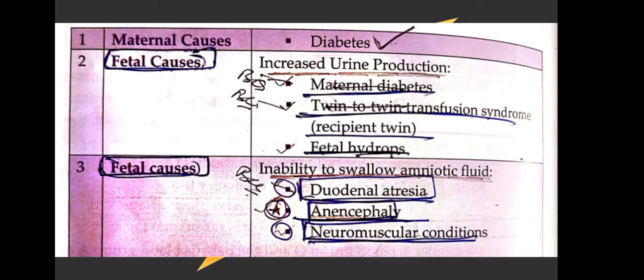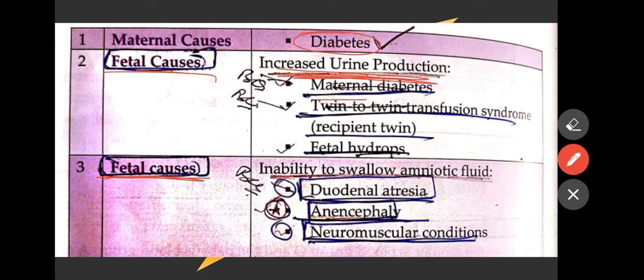There are different causes of polyhydramnios, including fetal causes and maternal causes. Maternal causes include diabetes of the mother. Fetal causes include increased urine production, and twin to twin transfusion occurs. Twin to twin transfusion is a condition in twin pregnancy in which one fetus is receiving more blood while the other is receiving less blood.